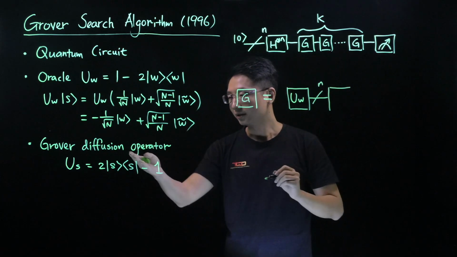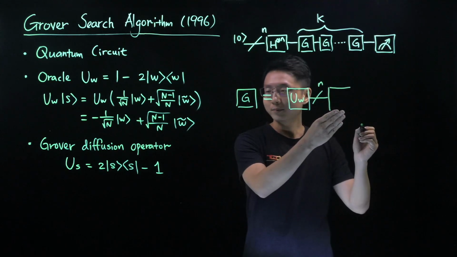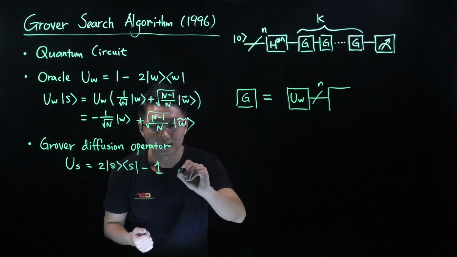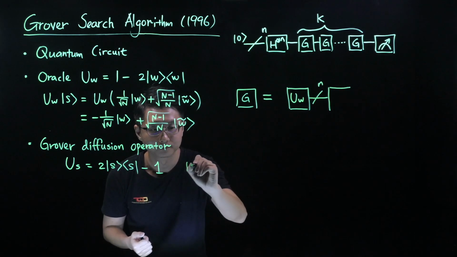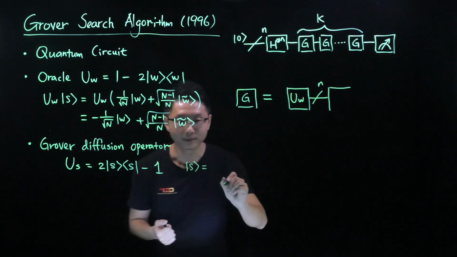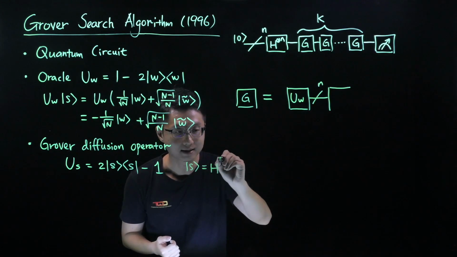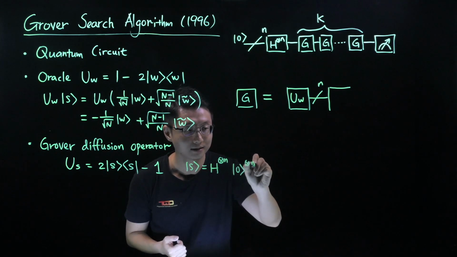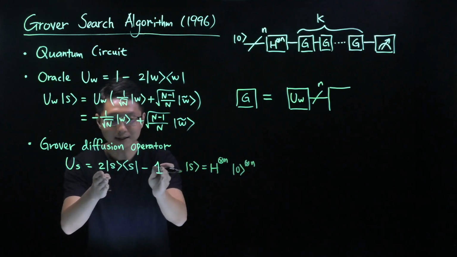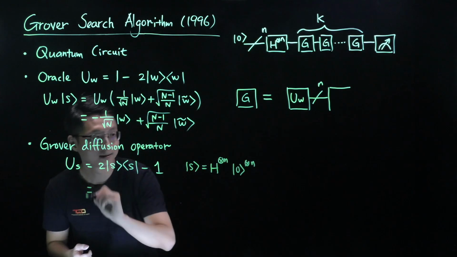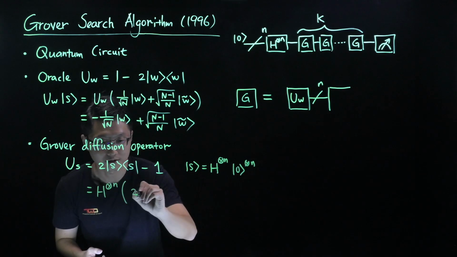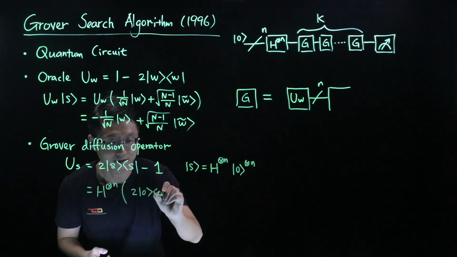The Grover diffusion operator. Before I draw the Grover diffusion operator, let me again remind you that the |s> is given by Hadamard tensor n acting on |0> tensor n. So I can rewrite this part a little bit as H tensor n times 2|0><0|.